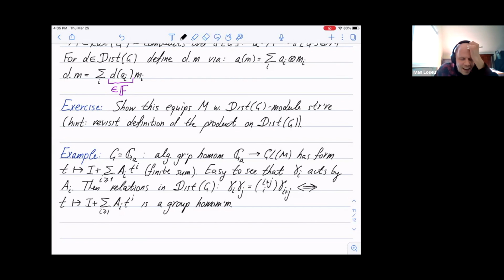So it looks like we see that modules over Dist G_a are exactly the same thing as rational representations.